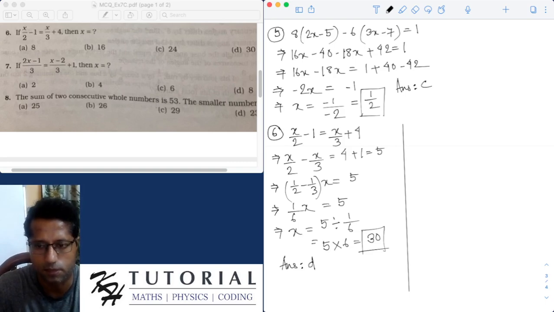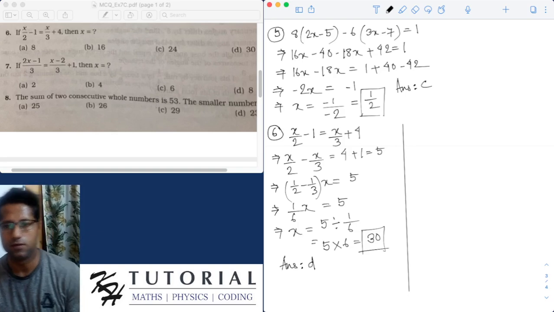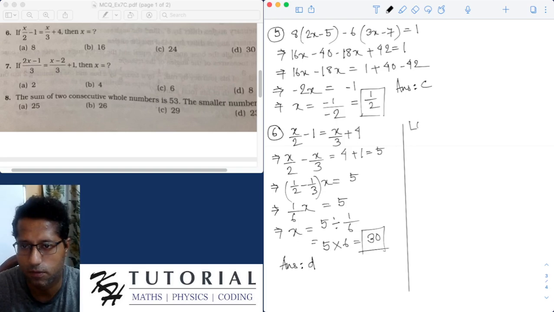Now let's solve it in the alternate method by multiplying to get rid of the fractional terms, that is x by 2 and x by 3. We will multiply both the sides with the LCM of 2 and 3, because we see 2 and 3 in the denominators. So LCM of 2 and 3 is 6.